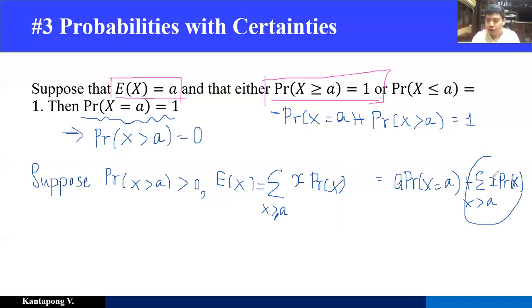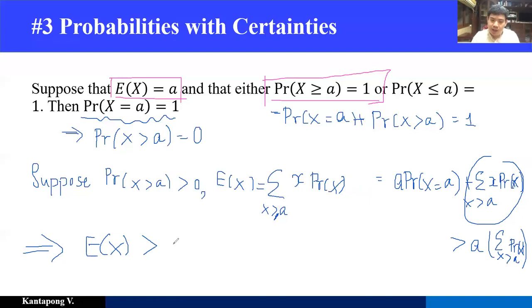And this is greater than a times the sum, in other words, E[X] is greater than a, because we have this as a common term: a times p(X equal to a) plus p(X greater than a).